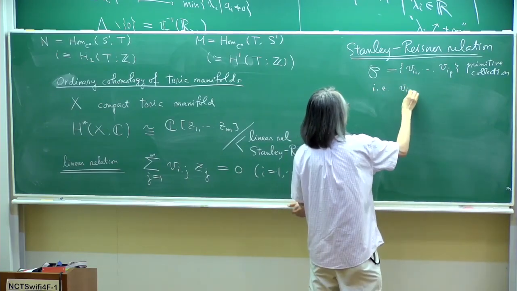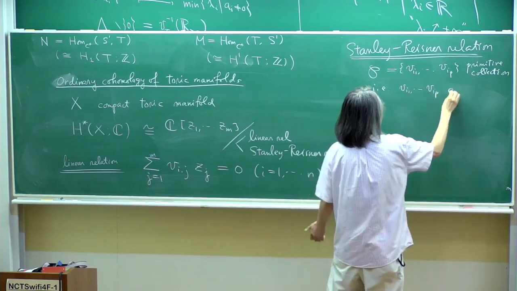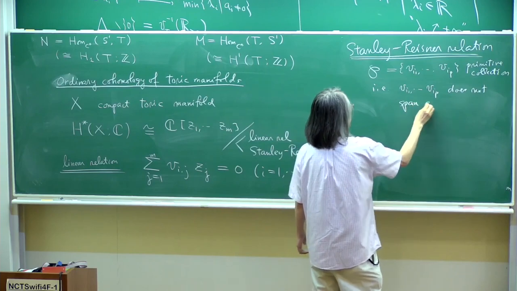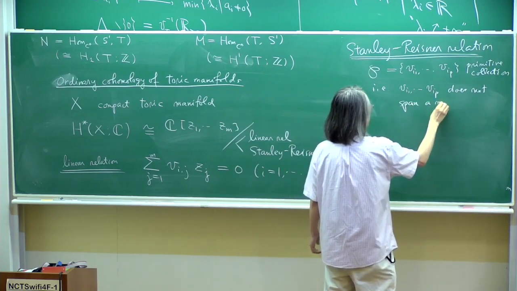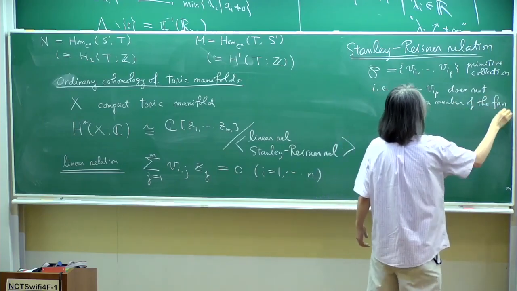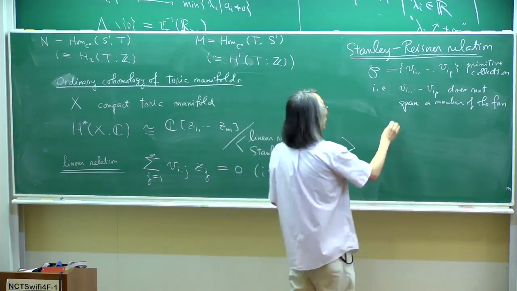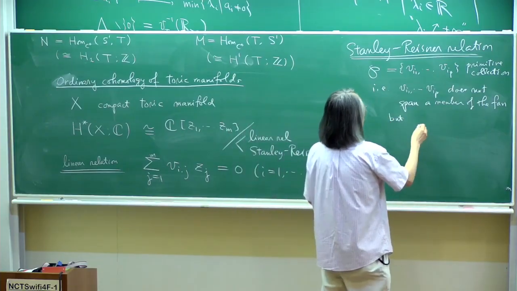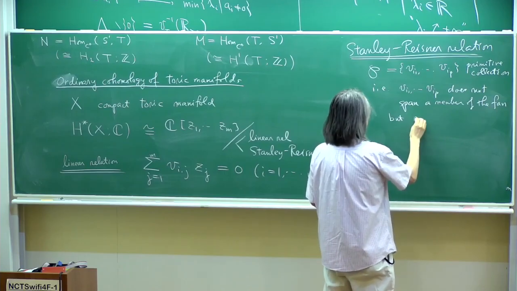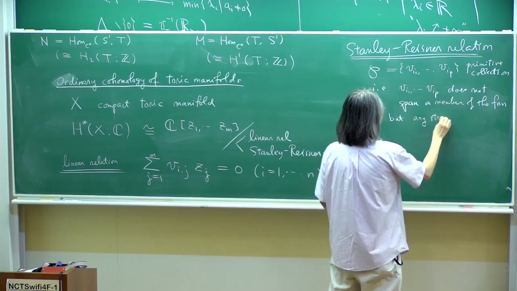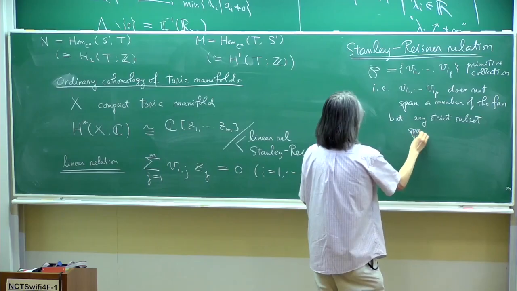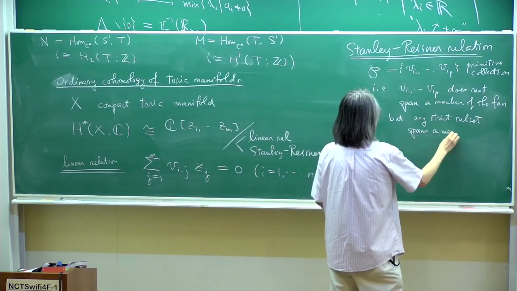So vi1 to vip does not span a member of the fan, but any strict subset spans a member of the fan.